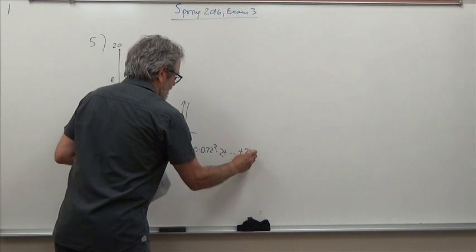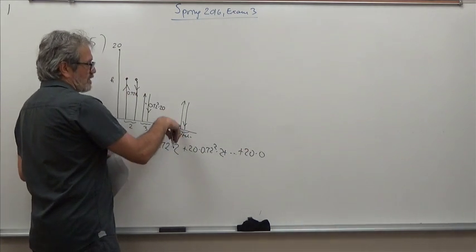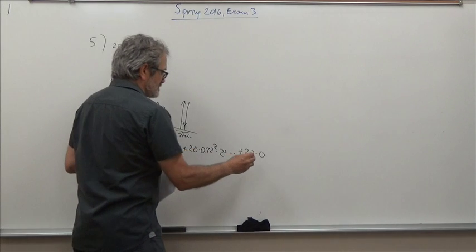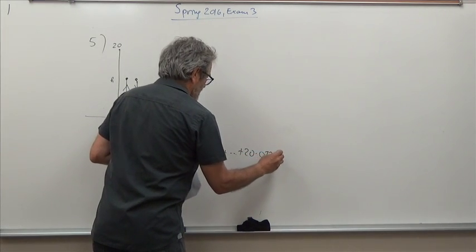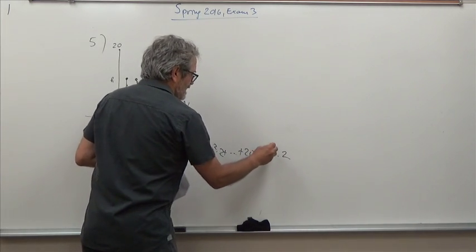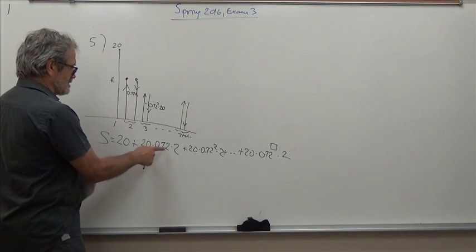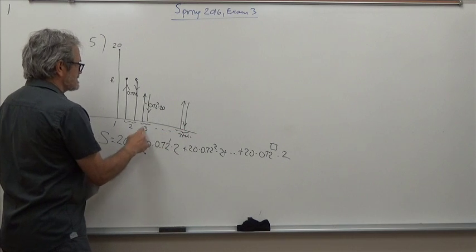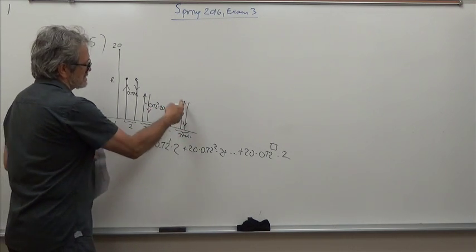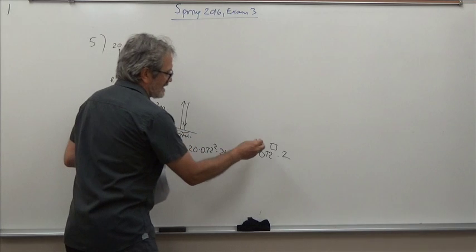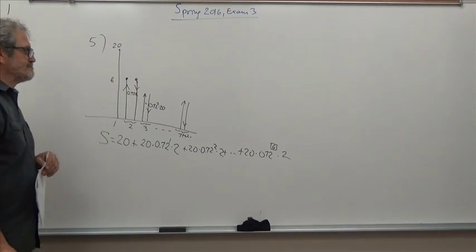What's the last one? Do I have up and down on the last one? Yes, I do. The only dilemma is which power it is. When it's the second time, the power is 1. When it's the third time, the power is 2. So without a big formula, for the 7th time the power will be 6.